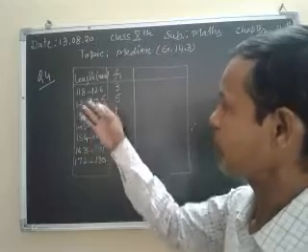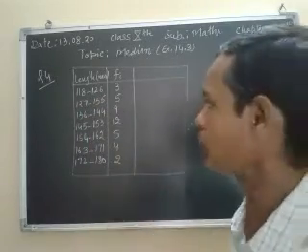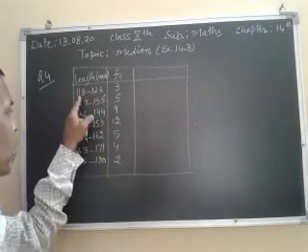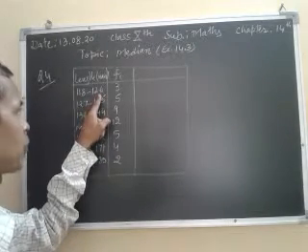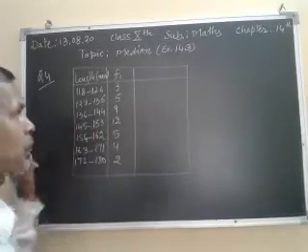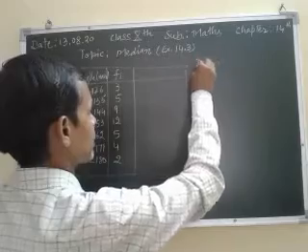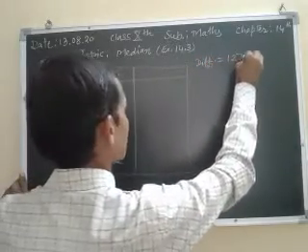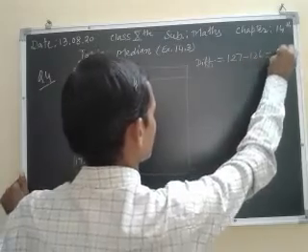For that, we first have to find the difference between the classes. In class 1 the upper limit is 126, in class 2 the lower limit is 127. So the difference between the limits is 127 minus 126, which is 1.